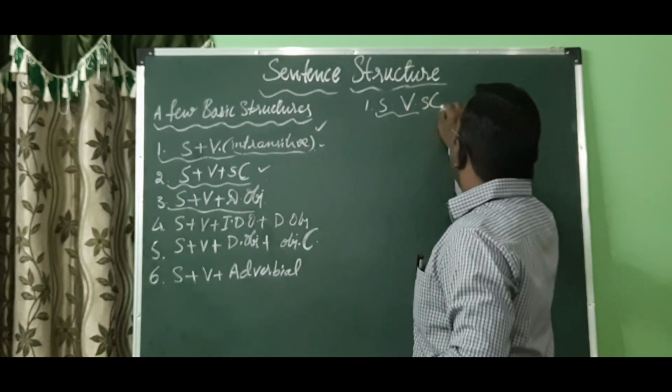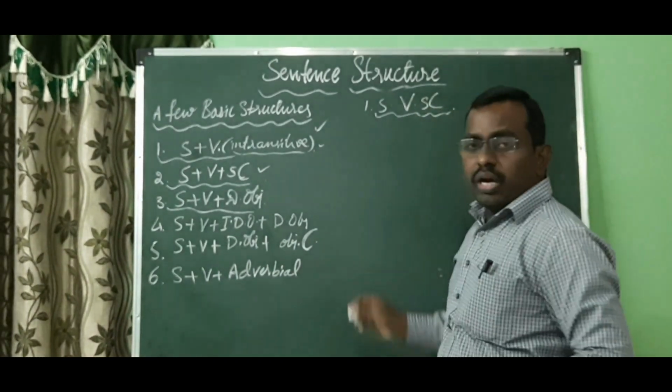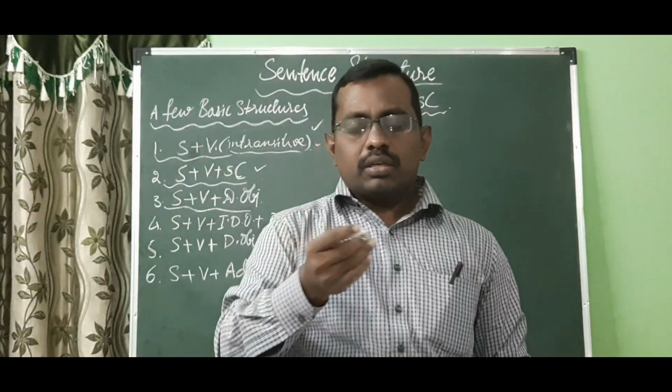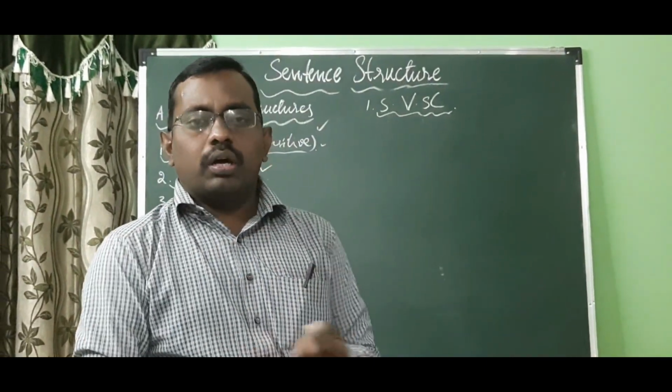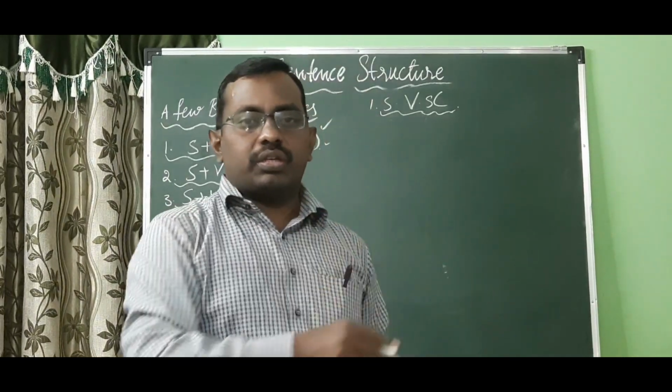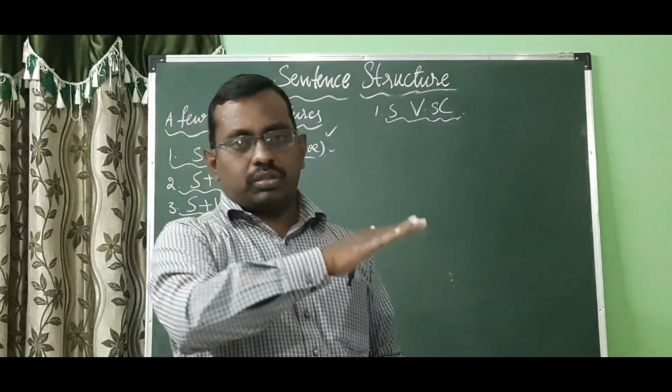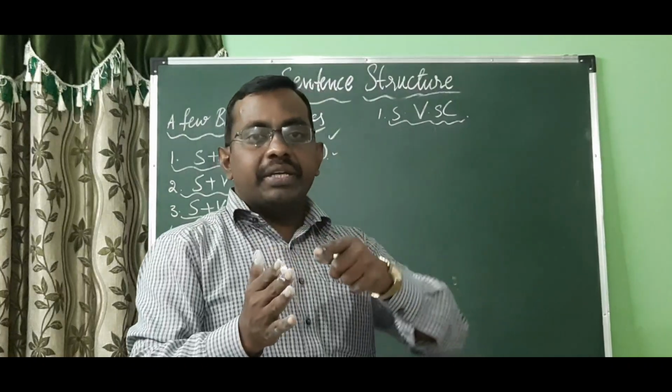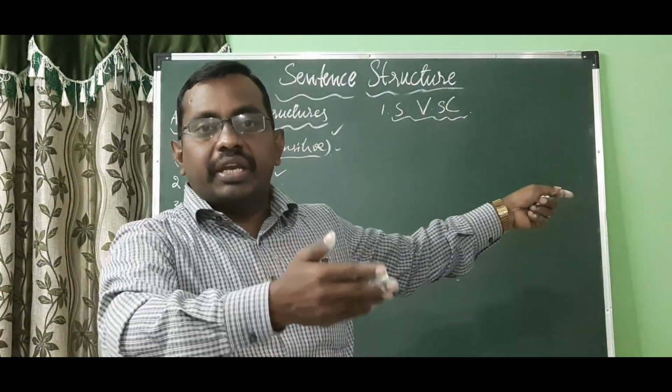What is a subject complement? It is a noun or a pronoun or an adjective that adds meaning to the subject, that renames the subject, that completes the meaning of the subject, what the subject is.